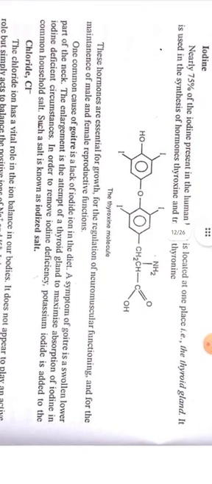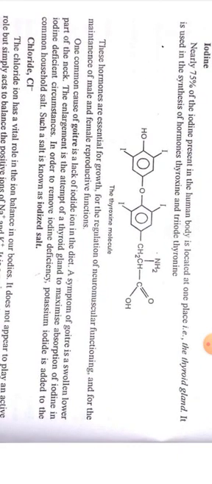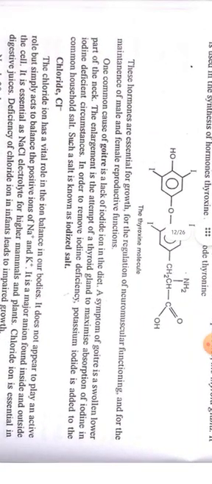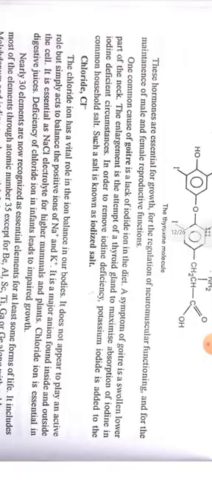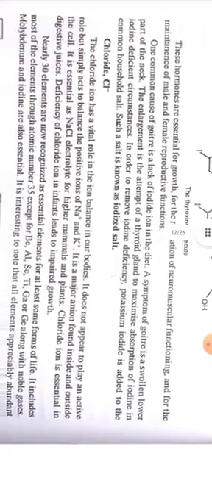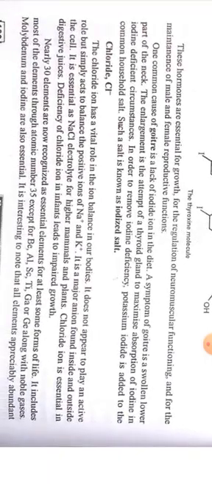The next non-metal is iodine. Nearly 75% of the iodine present in our human body is located in one place, that is the thyroid gland. It is used in the synthesis of the hormones thyroxine and triiodothyronine. These hormones are essential for growth, the regulation of neuromuscular functioning, and the maintenance of male and female reproductive function.